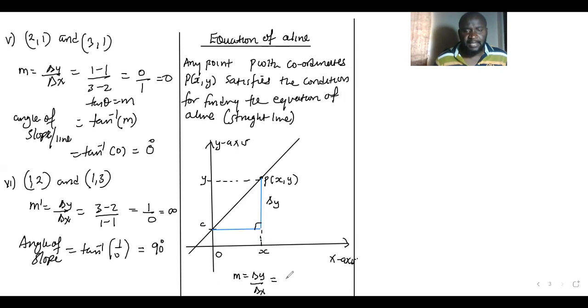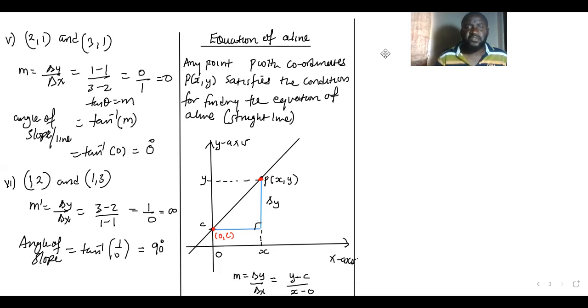Do you realize that the change in y will be y minus c, while the change in x will be x minus 0, because I'm looking at the intercept and the point P as our reference points. At C, we have (0, c) as the coordinates. That is why I'm saying x minus 0 and y minus c.